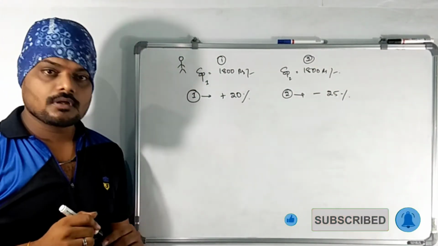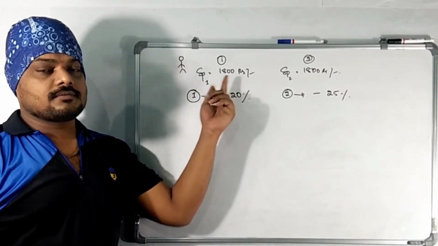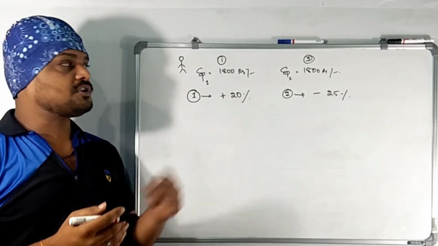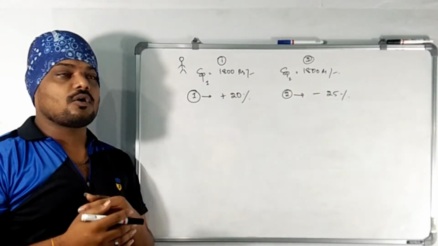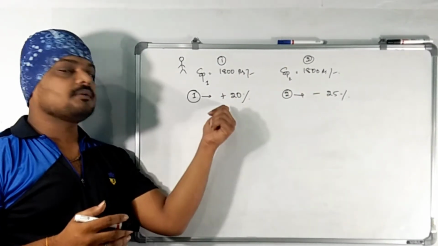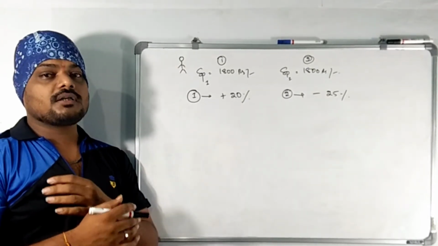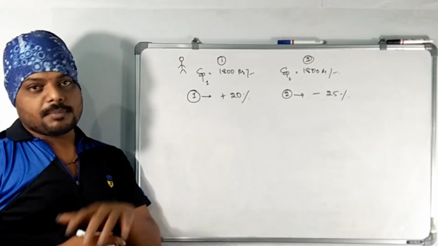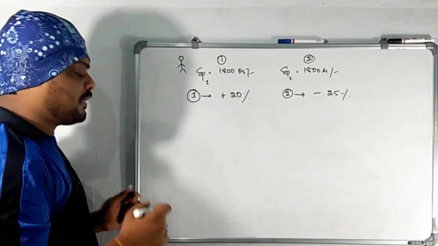If these were the cost prices, it would be very easy to solve this type of question. But here these are the selling prices of the articles. So let us try to understand how to solve these types of questions.